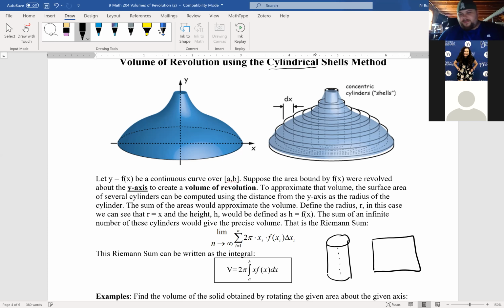And what are the dimensions of that paper? Well, whatever this height is here would be this distance, this height. And this length would be equal to the circumference of that circle. So that's 2 pi r.